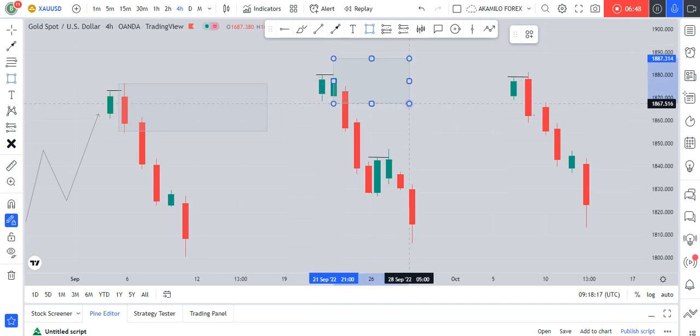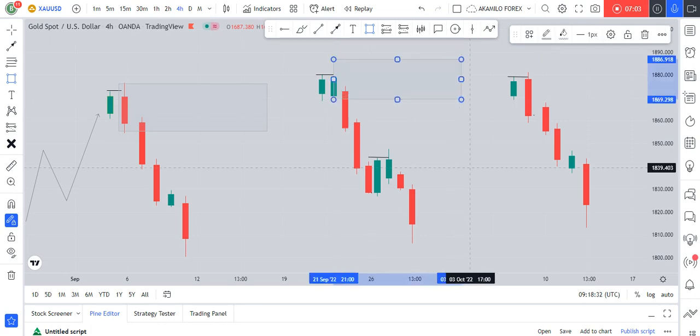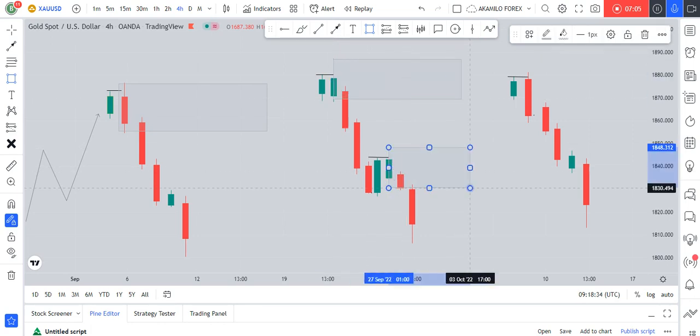So we'll mark our order block from this. And then we also have this block, and another block here. So this is how we can identify a high probability order block.